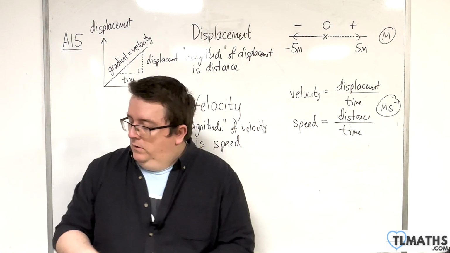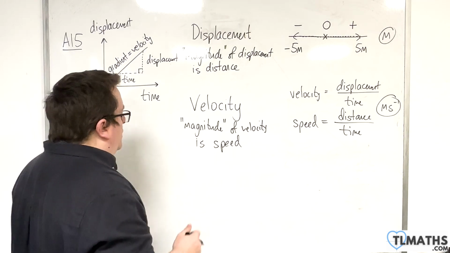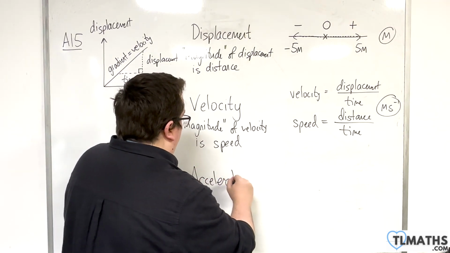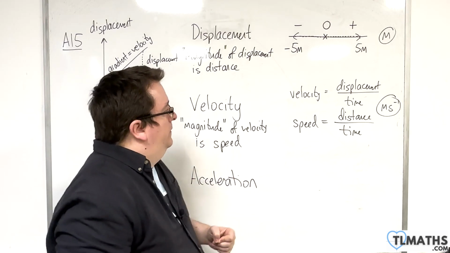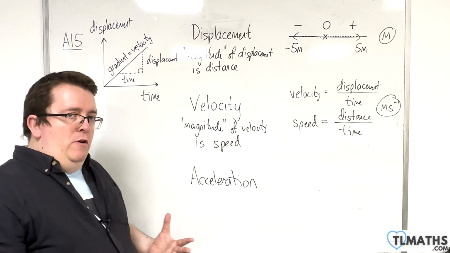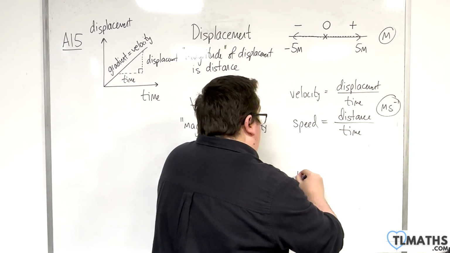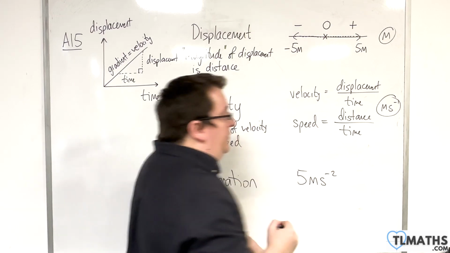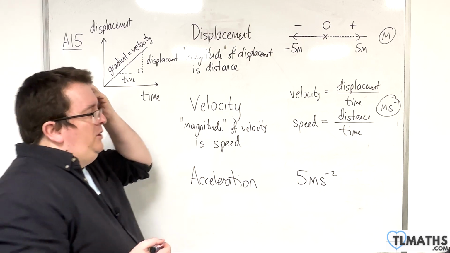Okay, so then we talk about acceleration. Now acceleration is units wise something like 5 meters per second per second. Now this one can be tricky.